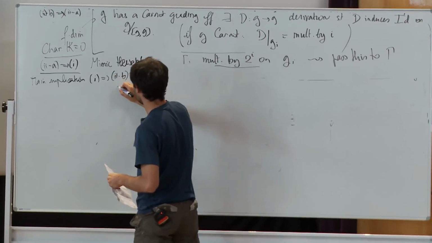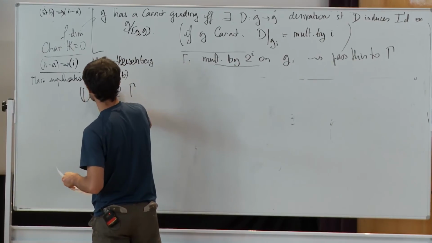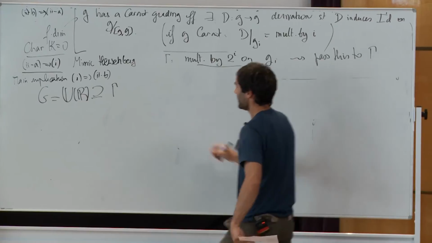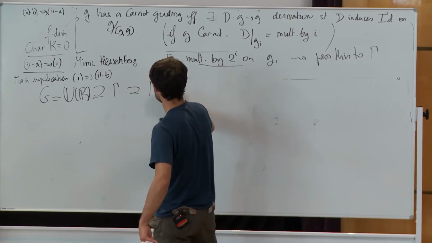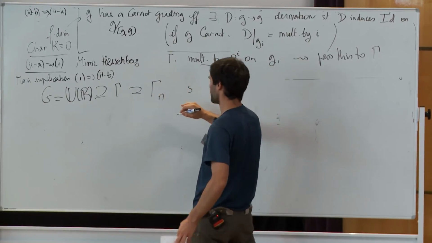So I have my gamma, and I map it into, say, U of R, which I call G. So it's a lattice. And inside, I have subgroups gamma n, say of index C. I cheat a little, but it does not change the proof.